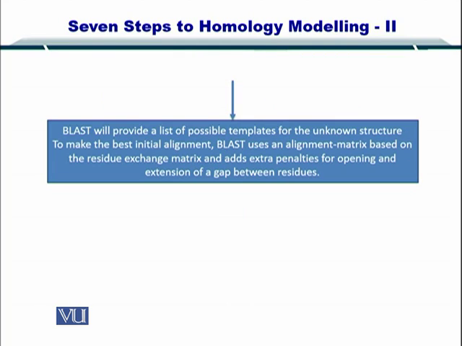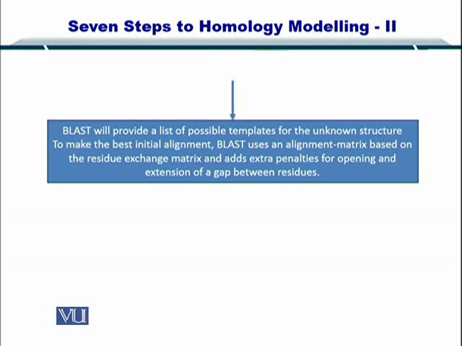Next, the output from BLAST will be a list of proteins from the PDB. Of course, their structure is known as well as the sequence, and then you have to see which of these proteins are most similar to the protein for which you are trying to predict the structure.